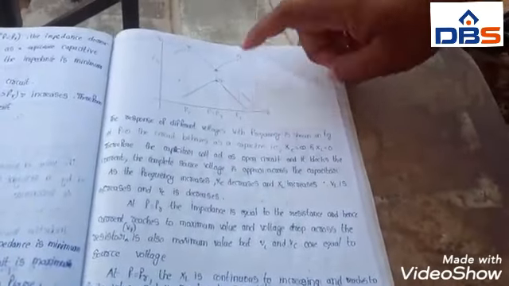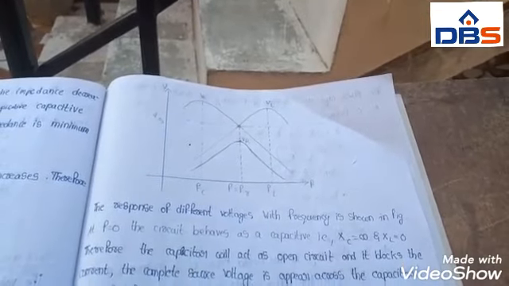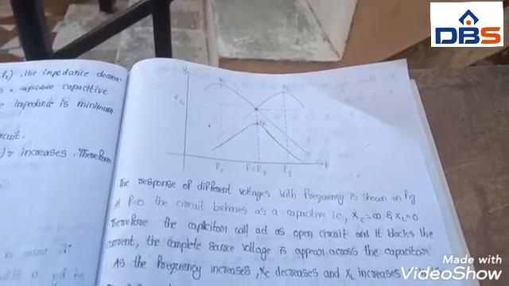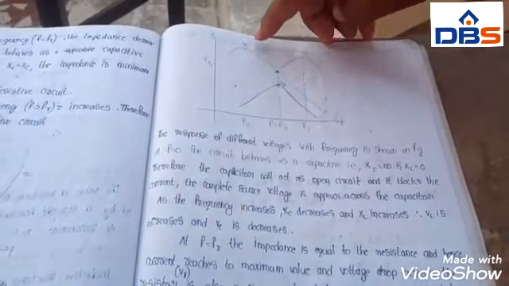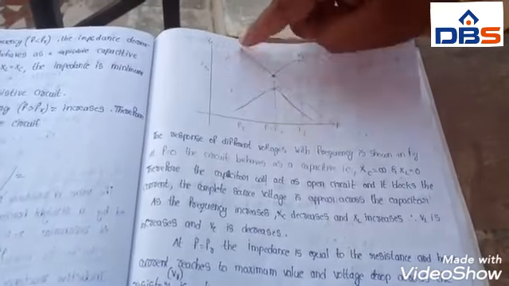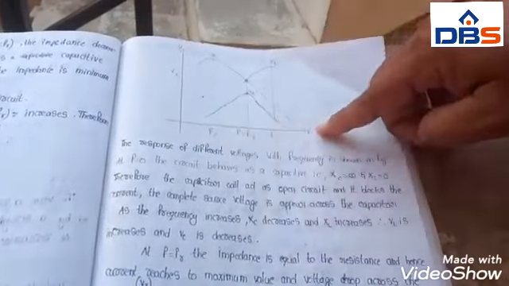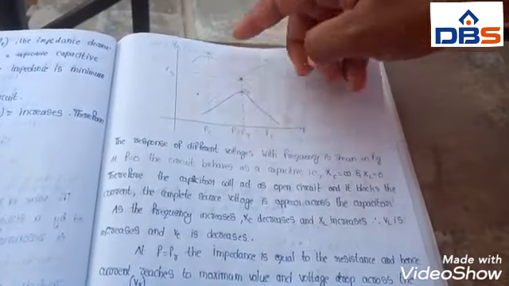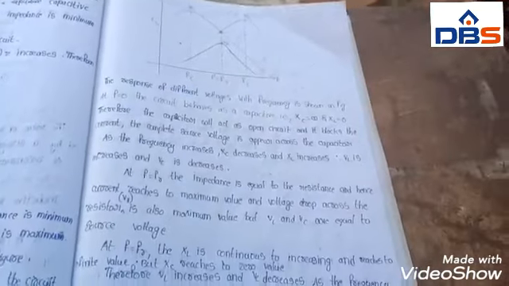At more than resonant frequency, XL continuously increases and reaches a very high value, but XC is decreasing and reaches the zero value. That's why below resonant frequency, VC is maximum and VL is zero, sorry, minimum value. As frequency increases, VL increases and reaches the maximum value, and VC is decreasing and reaches zero value.